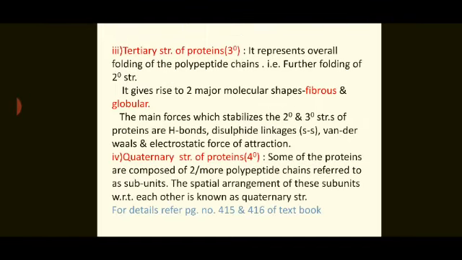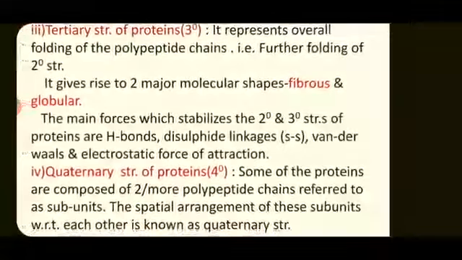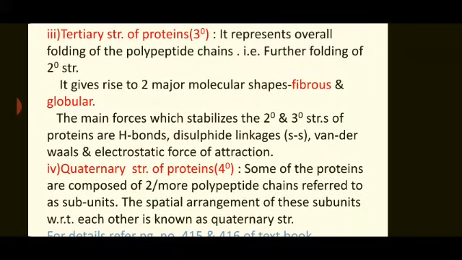In tertiary structure, these polypeptide chains may get folded. They may get folded in a long chain or in a round shape, and based on that two major molecular shapes are formed, that is fibrous and globular. So it represents the overall folding of polypeptide chains.